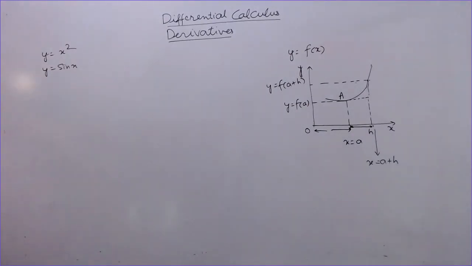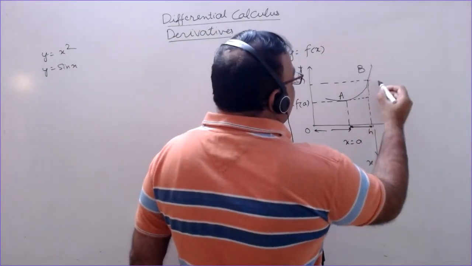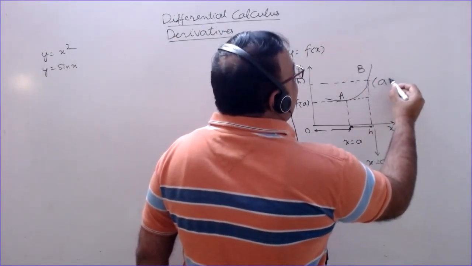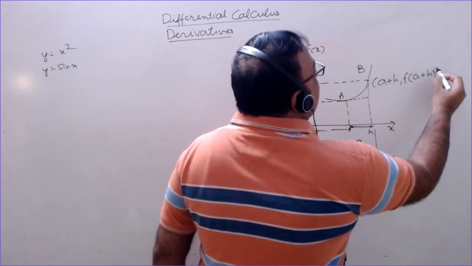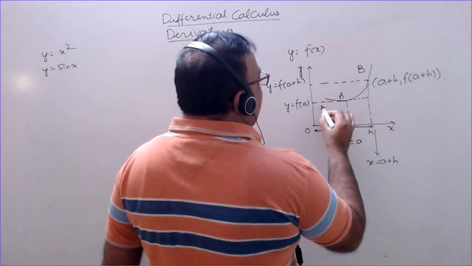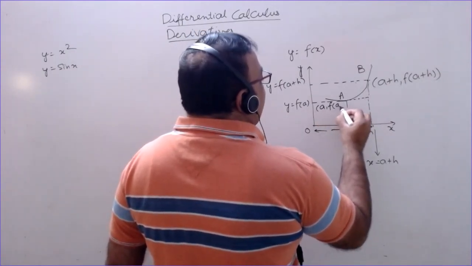So you can write down the coordinates of two points. Suppose this point is B. The x coordinate is a plus h and the y coordinate is f of a plus h. At A, the x coordinate is a and the y coordinate is f(a).